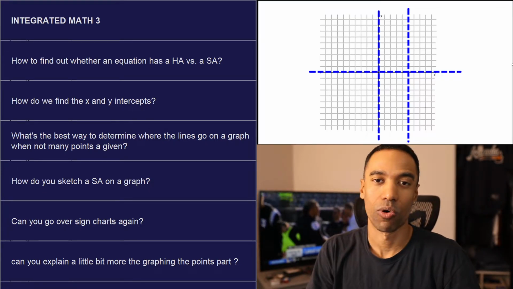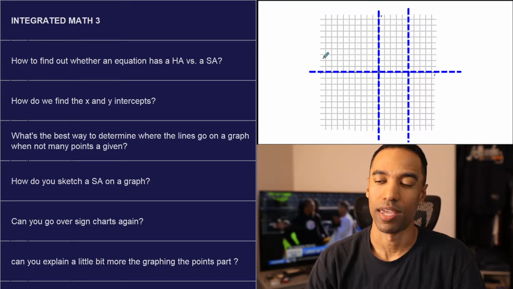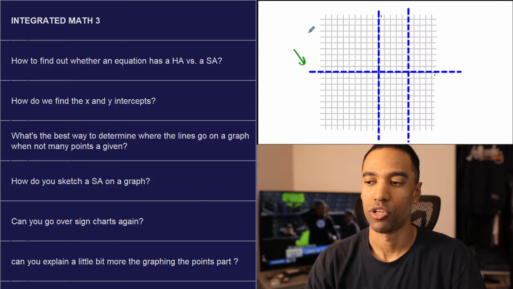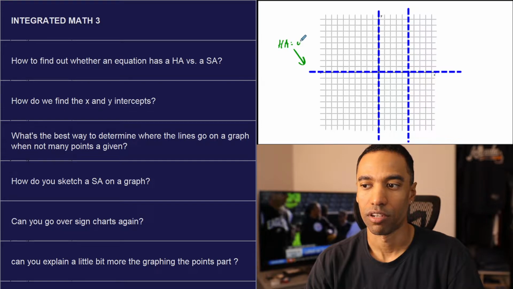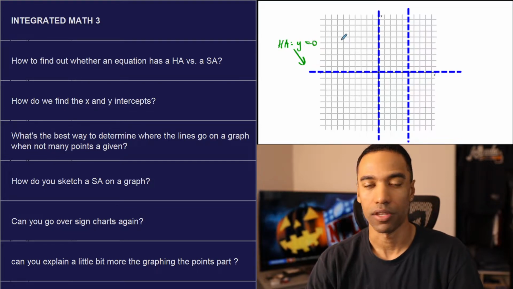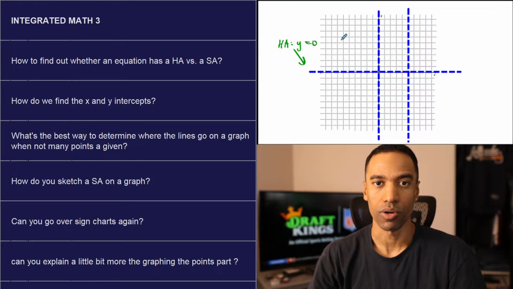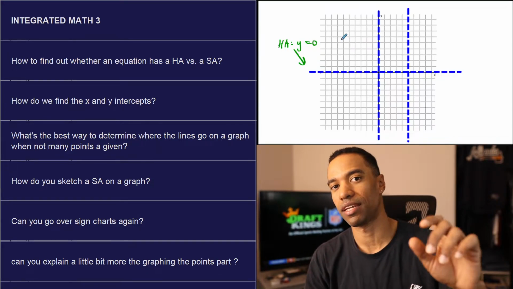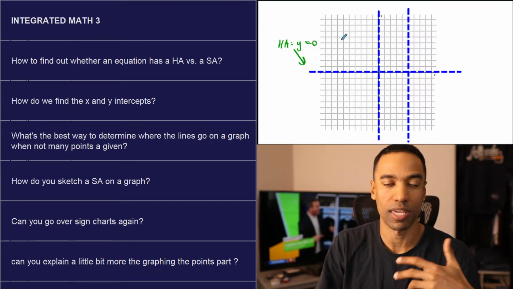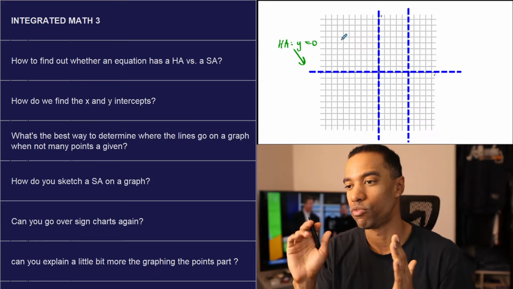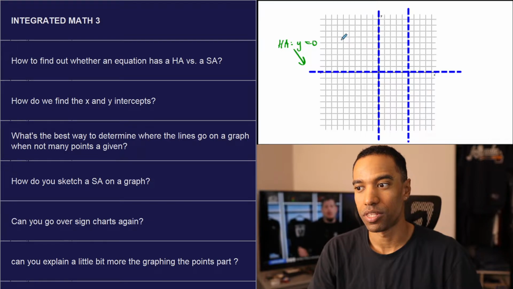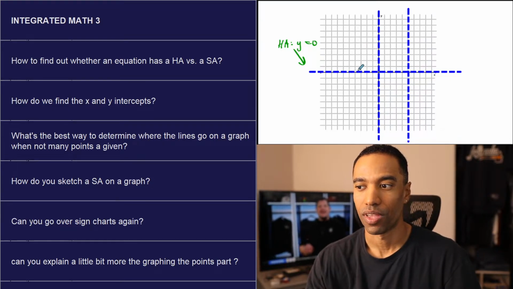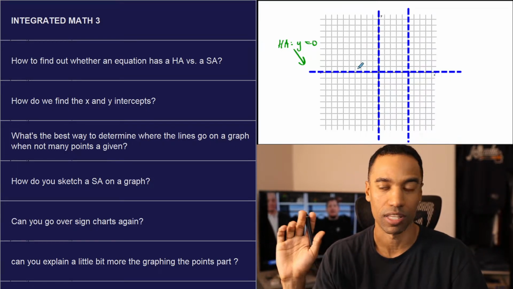Because the horizontal is on y equals 0, the numerator is smaller than the denominator, so you can't do long division to figure out anything else. Your quotient is 0. If you have x squared over x cubed, unfortunately you're left with not getting any points, unless there are certain x-intercepts, and let's pretend there aren't.